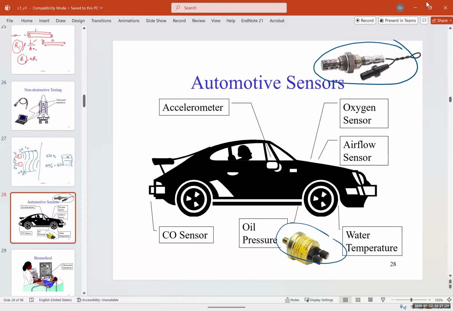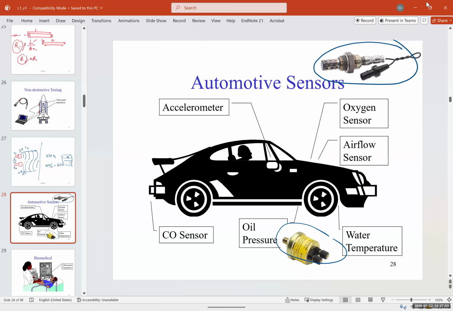Cabin sensors, you have a lot, like air purity sensors and air temperature sensors. If you have an automatic air conditioning system, it has a thermostat, probably. We have proximity sensors: when you have your key in your pocket and you have a keyless car, it detects the key. So there are thousands of sensors in the car.